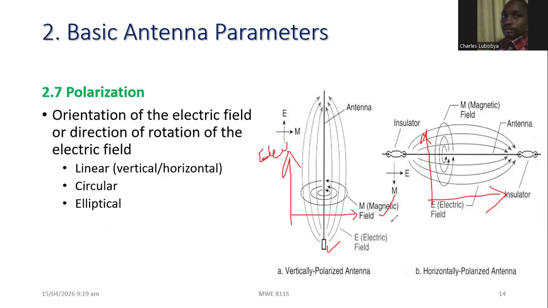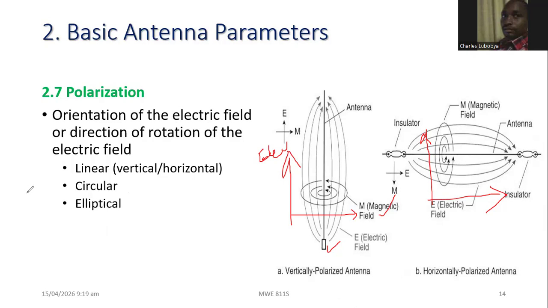There's also circular polarization, where instead of going vertical or horizontal, it's going in a circular direction, or even in an elliptical direction. All those are basically methods of electric field direction, basically known as polarization.